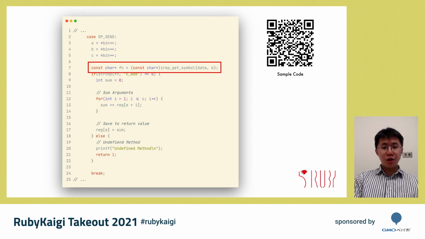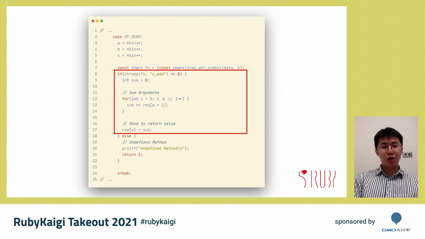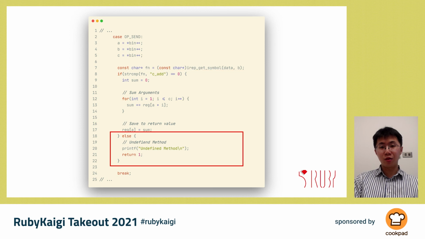When we get the function name, we can simply use a string compare to check whether it is the C add. If it is, we can do some logic inside our C program and save the result to the register, and your Ruby program will get the data. If we did not find any method, we can put an error message and exit this loop.